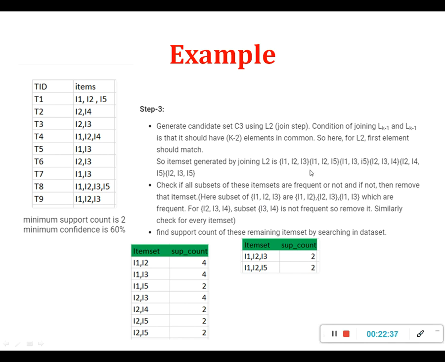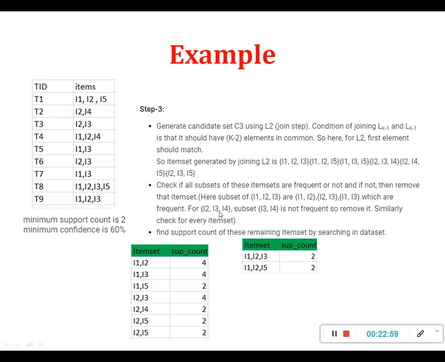Now next, if we are checking I1, I2, I4, the next combination will be I1, I2 with I3, I1, I2 with I4. If I am taking any combination of this, we are checking for I2, I3 and I4. So what are the subsets of this?